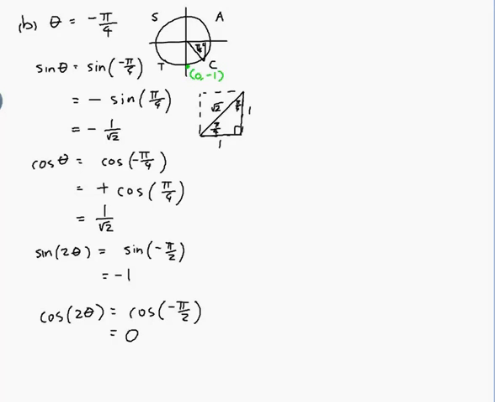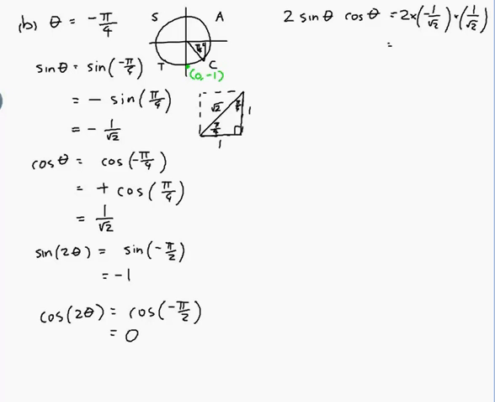Okay, now I'm ready to check my formulas. So sine 2 theta is supposed to be 2 sine theta cos theta. 2 sine theta cos theta is equal to 2 times, and sine theta was minus 1 on root 2, and cos theta was plus 1 on root 2.